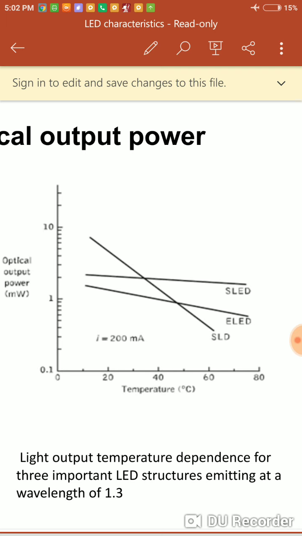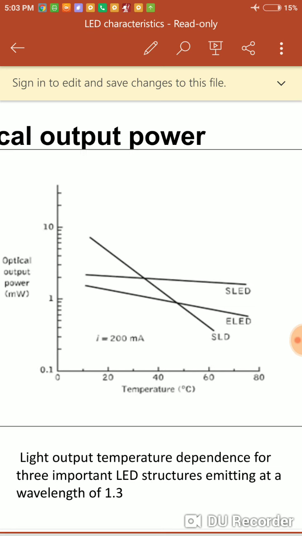Already we have seen these 3 basic types of LEDs. Among the 5 types of LED that we have seen, planar LED and dome LED are the basic ones, which do not give a more intense output as compared with these 3 LEDs. So the characteristics are compared with respect to these 3 LEDs only. The planar LED and the dome LED are not included in this.